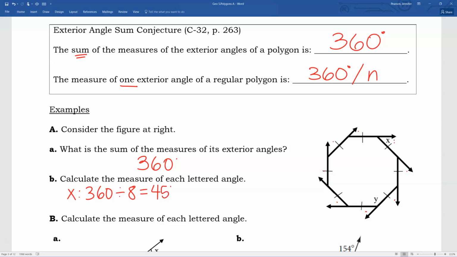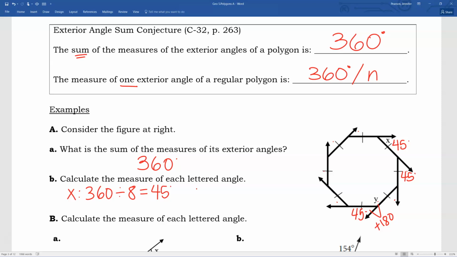Okay, I'm just going to label this one 45. I could label them all, every single one of them is 45, but I don't necessarily want to do that. I think I will at least label this one, though, because that will help us get y. So that 45-degree angle that I just filled in at the bottom is supplementary to this angle y. Remember, that means those two angles will sum to 180 degrees.